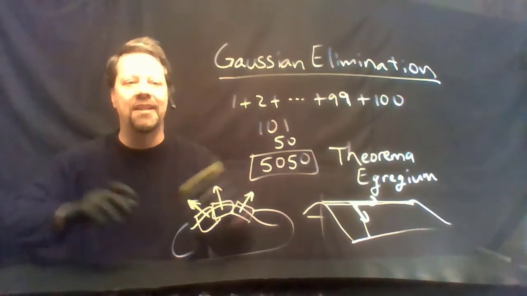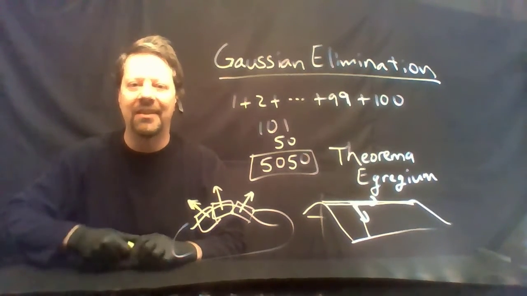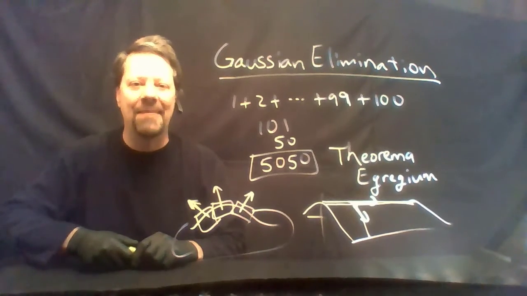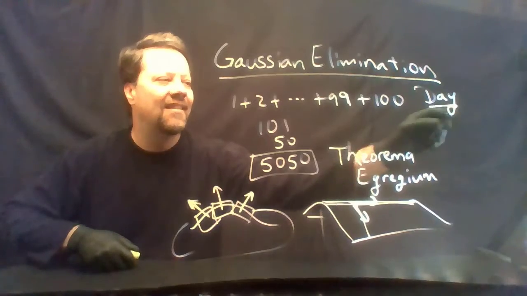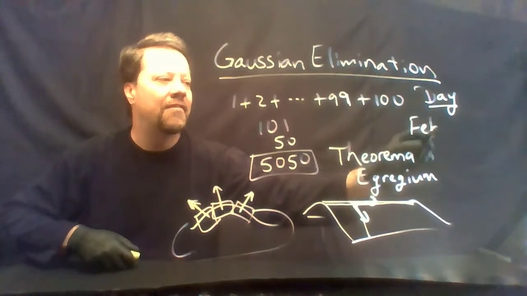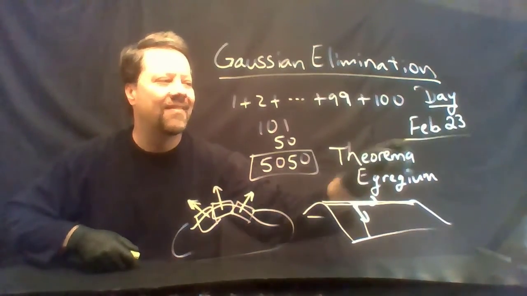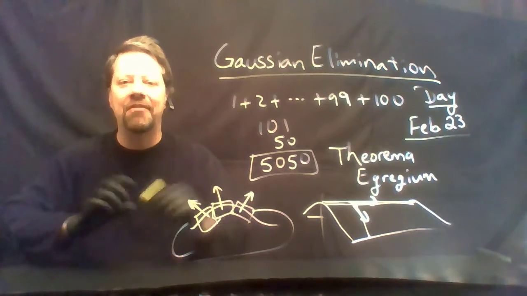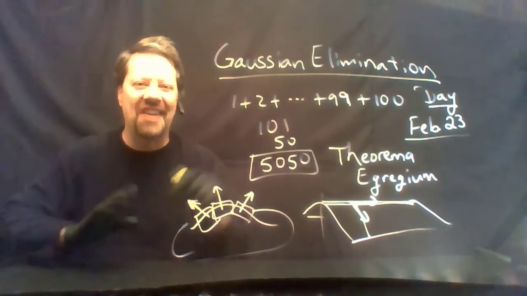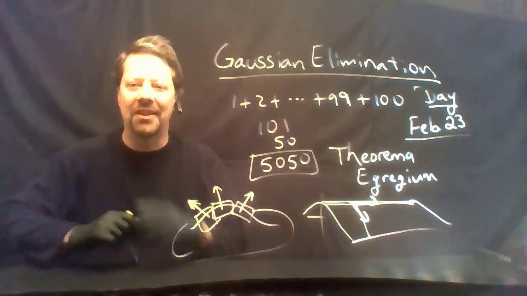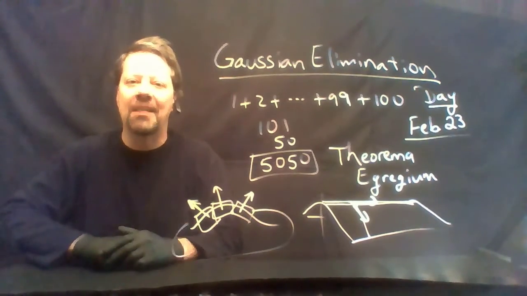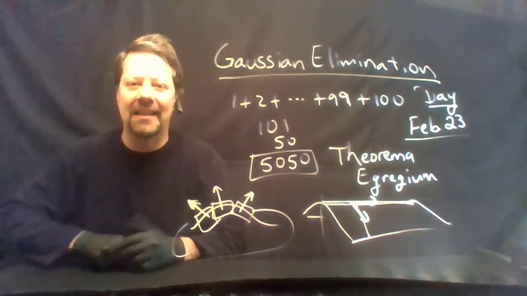Before moving on and discussing this method, I would like to talk about Gaussian Elimination Day, which is February 23rd. It's a day of high glee for math students everywhere. Gaussian Elimination Day celebrates not only Gaussian elimination, but it's the day to celebrate the ultimate Gaussian elimination.